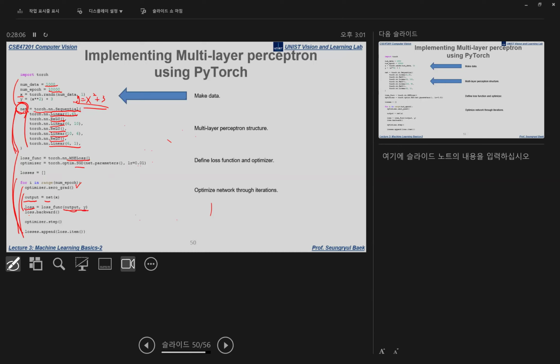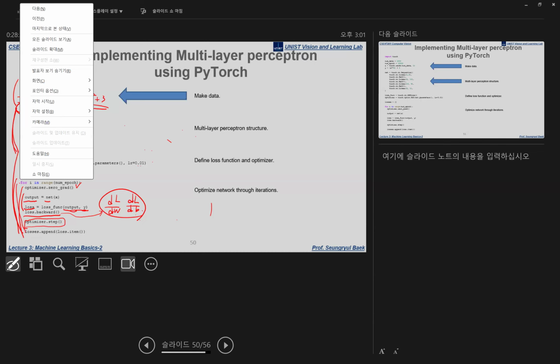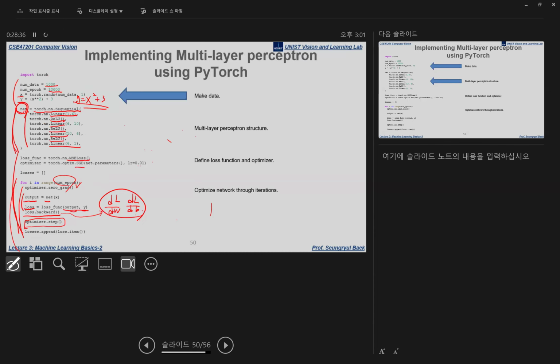Using this one line of code, they calculate the differentiation of the final loss with respect to the intermediate parameters. By calling this command, you can do that. And then by calling this, you can update each parameter using the gradient descent formula. And you iterate for the maximum number of epochs we specify here. Are you understanding this code, right?